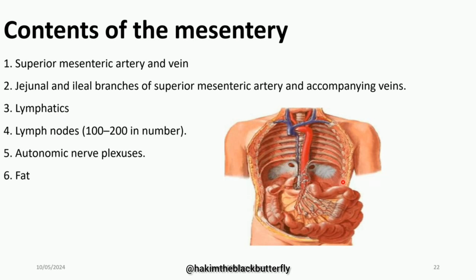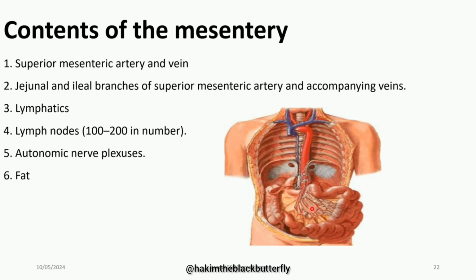Lymphatics from these coils also go through the mesentery. There will be so many lymph nodes within the mesentery. Autonomic nerve plexuses that control the function of the small intestines are also within the mesentery.